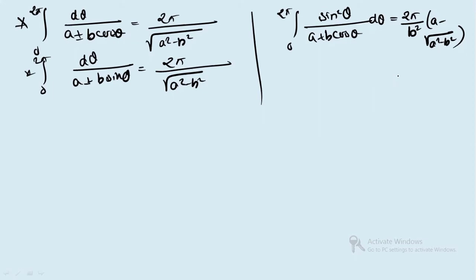Next, one more thing you have to note. Here you have just d theta. Sometimes you will have cos theta or sin theta in the numerator, whatever it is. In that case, we know e to the power i theta is cos theta plus i sin theta. That means cos theta is the real part of this and sin theta is the imaginary part.